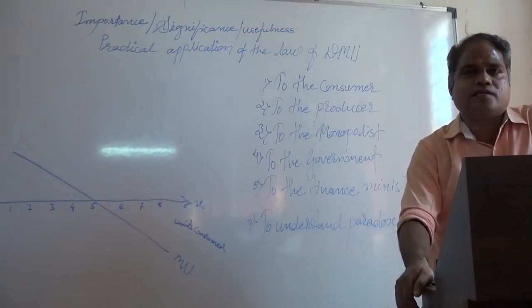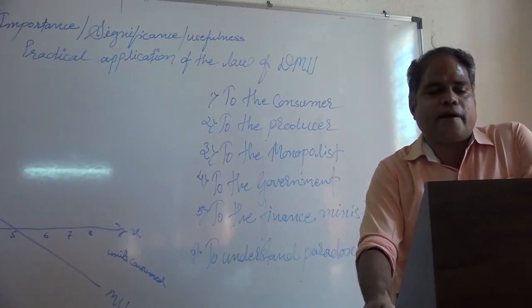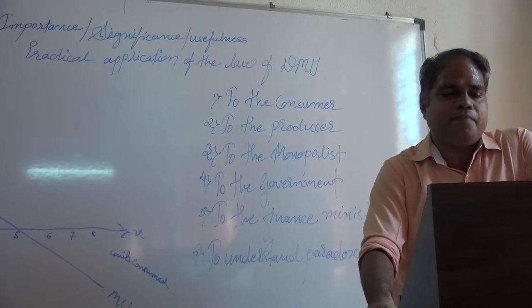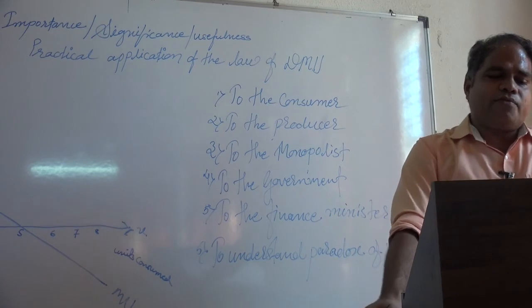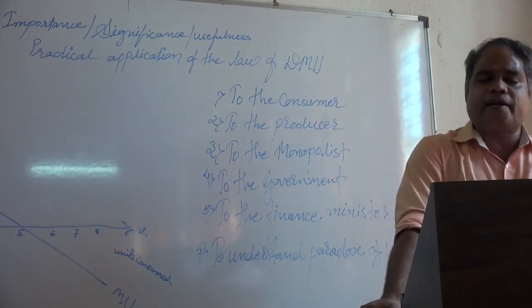The law of diminishing marginal utility helps government authorities to frame proper welfare policies. The government adopts various welfare measures for the benefit of the poor.